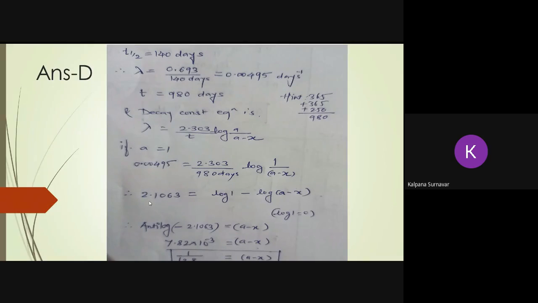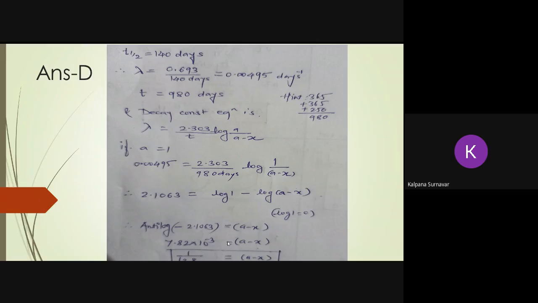The remaining fraction is 2.1063, which is equal to minus log of a minus x. Just take antilog of the left side, antilog of minus 2.1063, which is equal to the remaining fraction a minus x. The answer of a minus x comes 7.82 into 10 raised to minus 3.